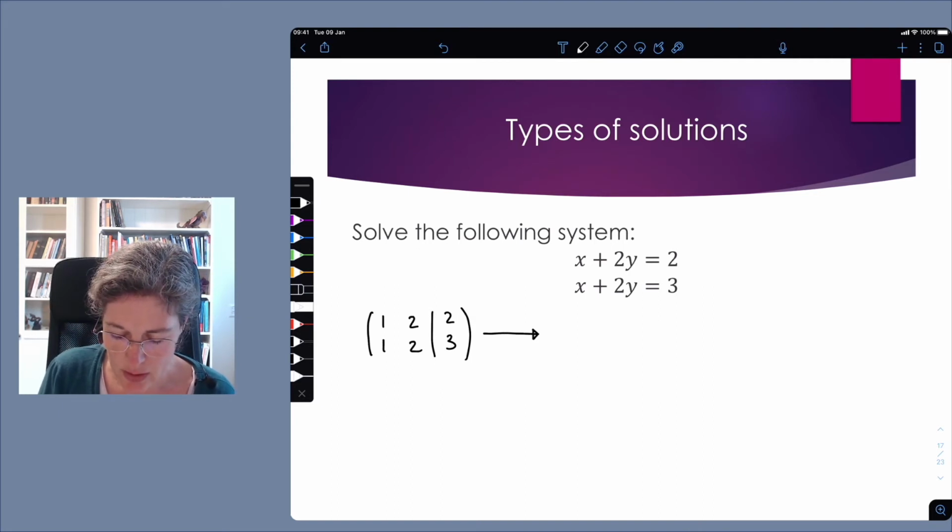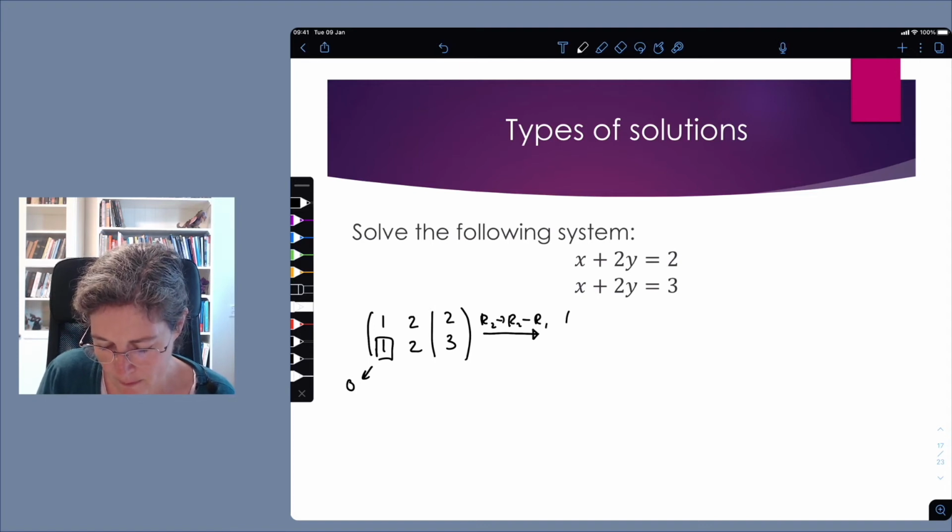We've already got a 1 in the top left, so we want to turn this 1 into a 0. So I'm going to say row 2 becomes row 2 minus row 1. Not changing row 1. Well, we've got a 1 minus 1, which is a 0, a 2 minus 2, which is 0, and a 3 minus 2, which is 1.